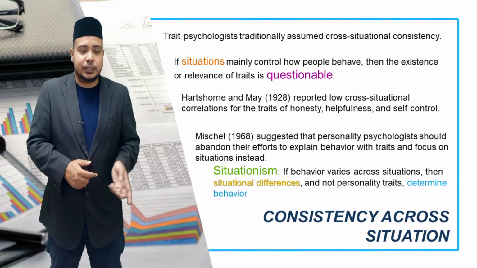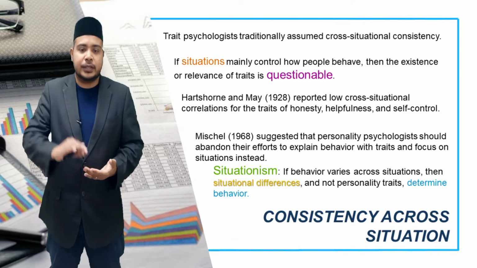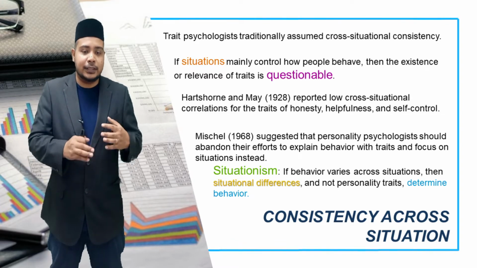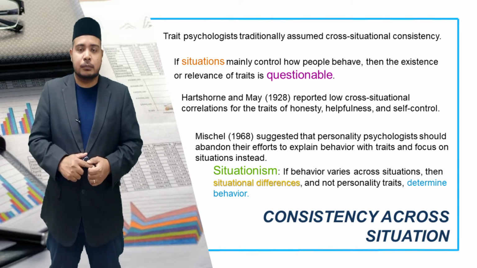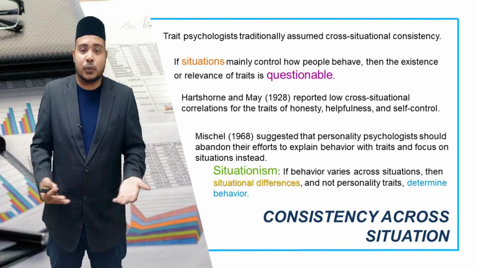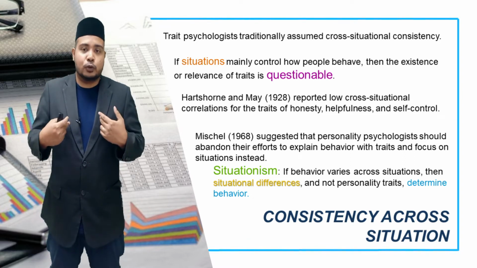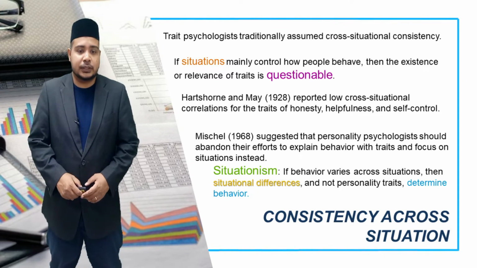According to them, if behavior varies across situations, then situational differences, not personality traits, determine behavior. If we behave differently in different situations, it shows that situation is what influences our behavior, not our personality traits.